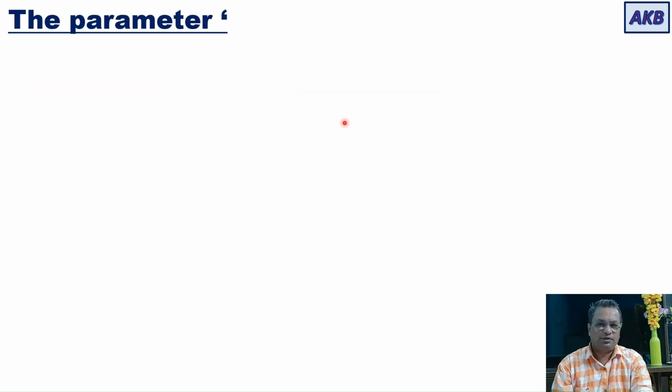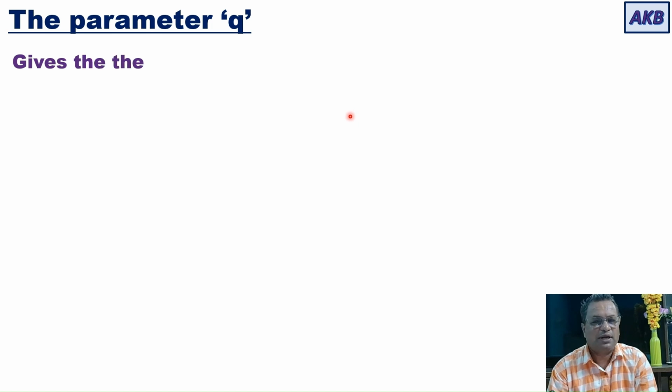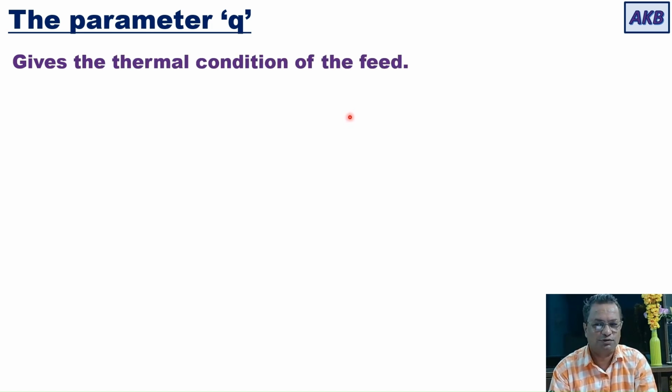To begin with, we will revisit the concept of the parameter Q. Parameter Q, as you know, gives the thermal condition of the feed. I have discussed in detail this parameter Q in my earlier videos. Please watch those videos.